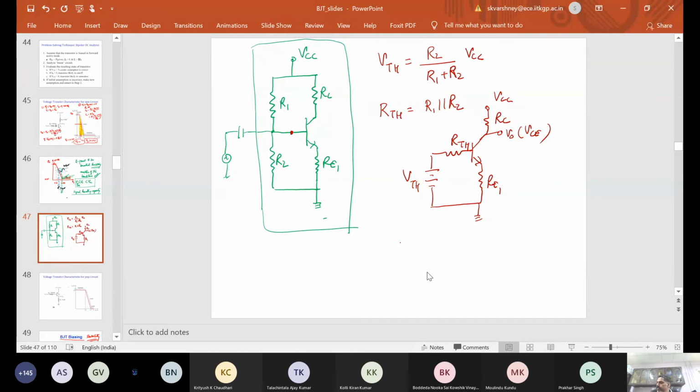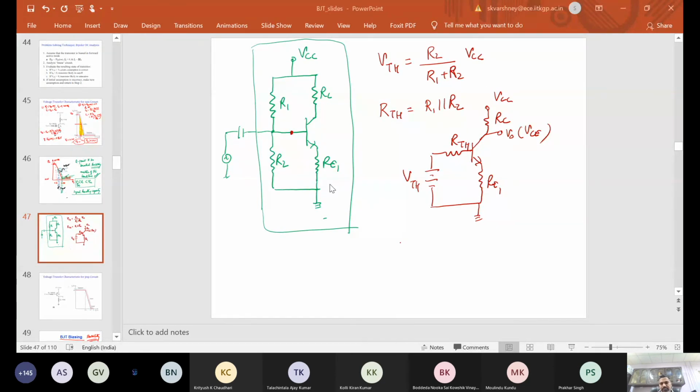And if you remember the numbers of R1 and R2 from the experiment: R1 you take 47 kilo ohm, R2 you take 4.7 kilo ohm.